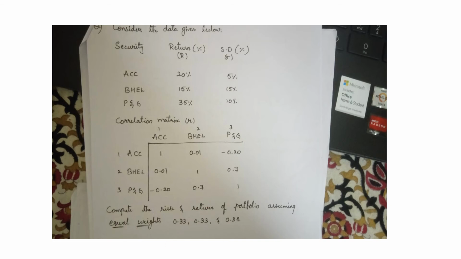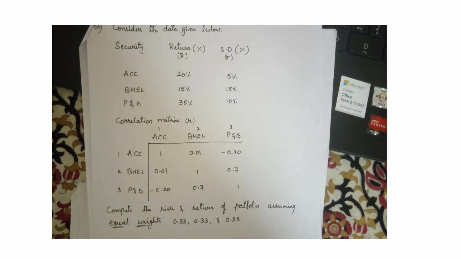Then for the second security, the relationship between second and first is 0.01, and second with second will be 1, and second with the third security is 0.7. So in this way, the correlation matrix is also given.